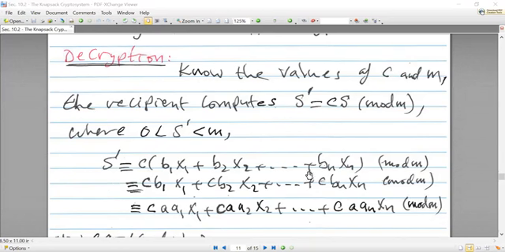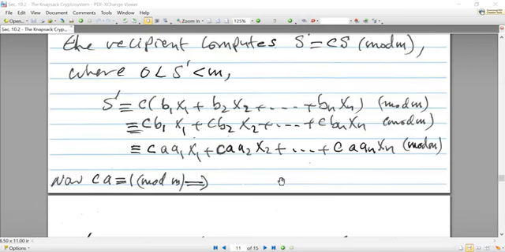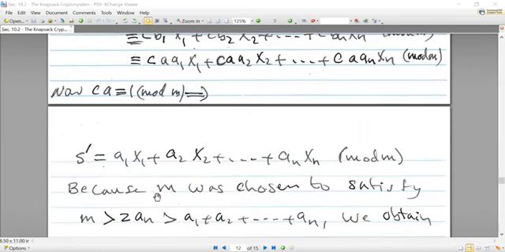And when I multiply through, now remember that we actually have B1 is equal A1, B2 is A2, and so on. Also, we have CA, all of these is equal to 1. So in other words, S prime becomes a knapsack equation with a super increasing sequence A1 up to AN.